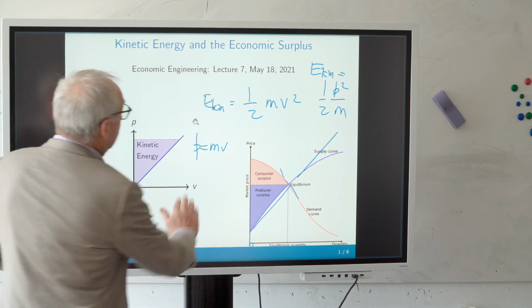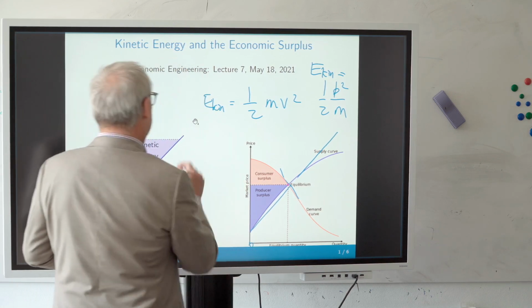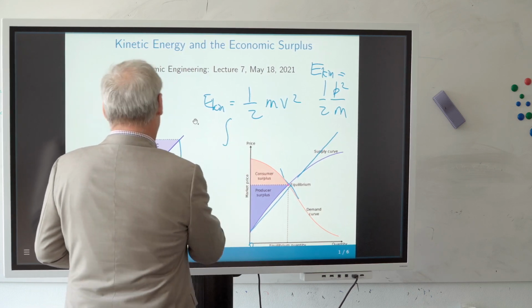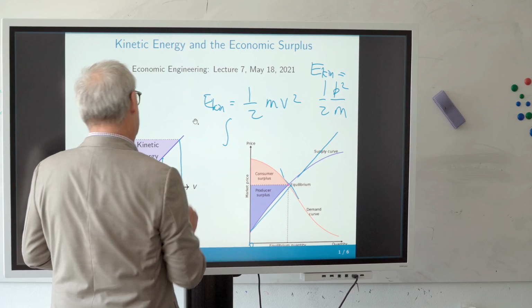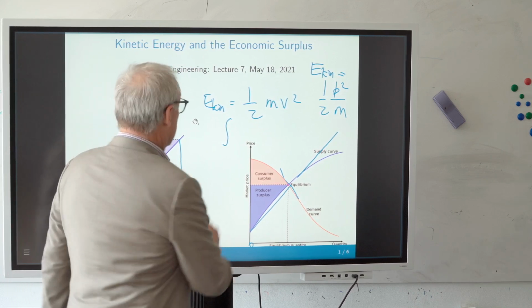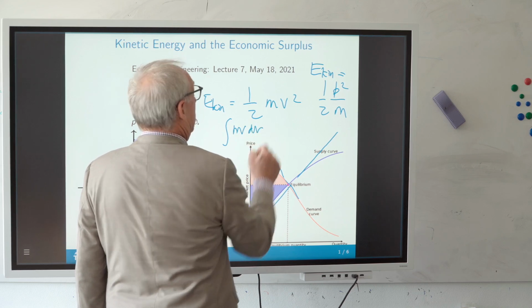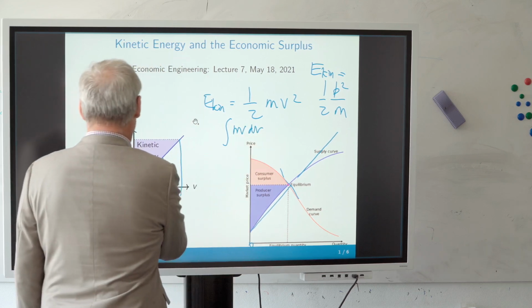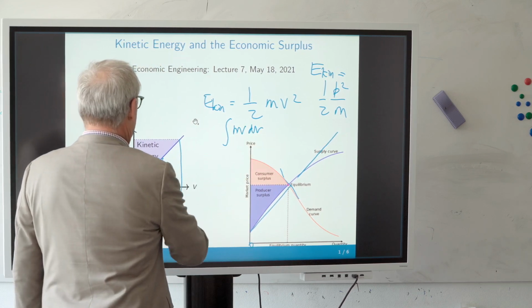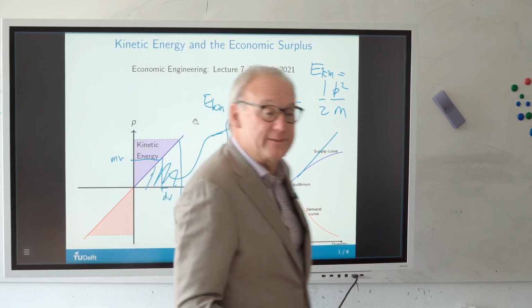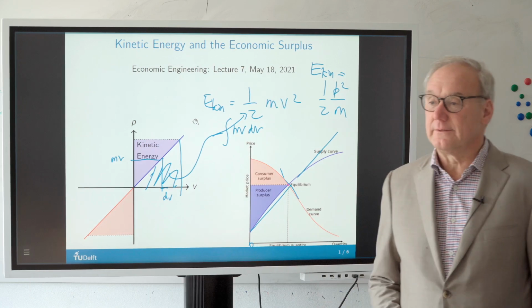Because look at that. What is this thing? Well, you'll have to do an integral, huh? So you'll do this integral over v. So this is a function of v. So you'll do this integral. And this is mv. And then this is actually this area, right? Okay?